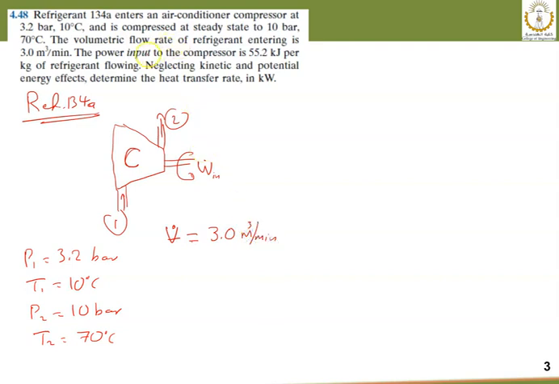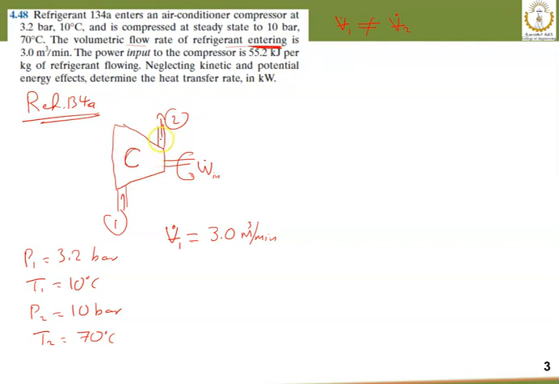And here we should really read the question carefully. It says the volumetric flow rate of the refrigerant entering, so this is V dot 1. The reason is that V dot 1 will not equal V dot 2, because this is a compressor, so it will compress.